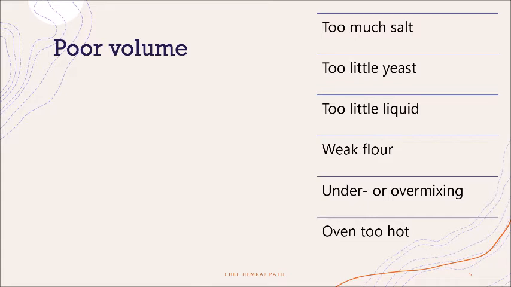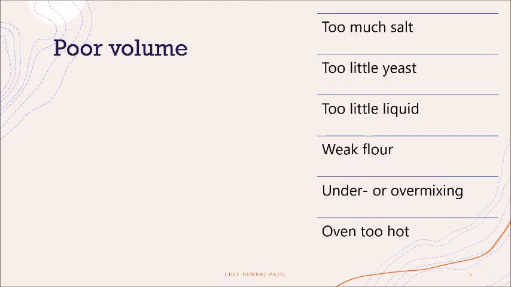The last one is oven too hot. When you put the bread in the oven and if the temperature is too high, immediately the crust is going to form and your bread will not rise after that.